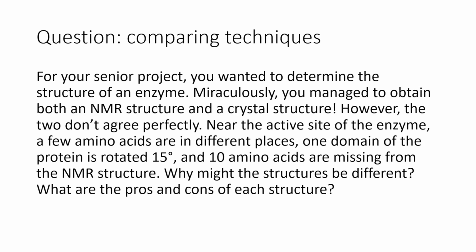And so that brings us to the first part of the question, because we did this backwards. Near the active site of the enzyme, a few amino acids are in different places. So why might some of the amino acids around the active site have moved?